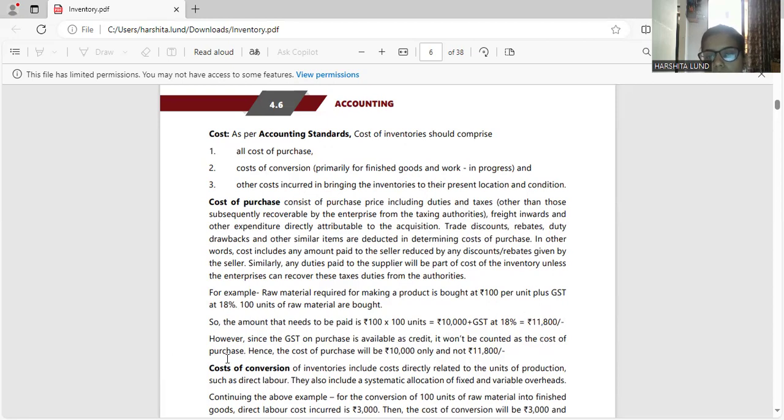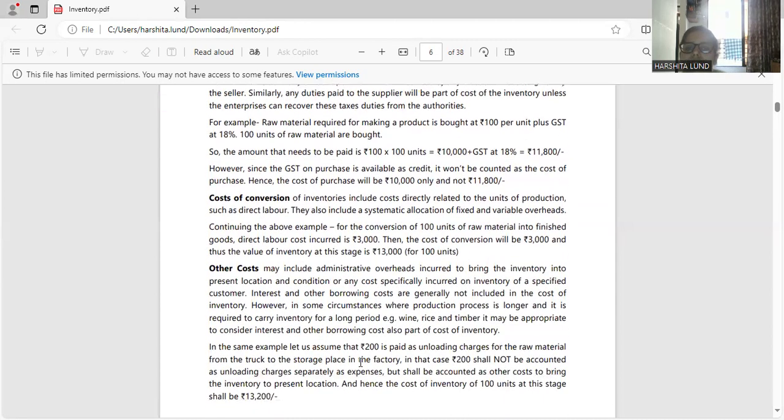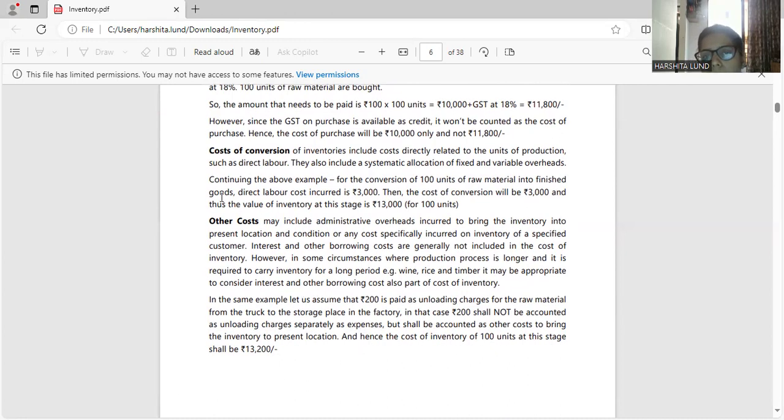We will not add that GST to the inventory. Hence, the cost of purchase will be only rupees 10,000 and not 11,800. Cost of conversion, direct labor, all these costs will be included in the inventory. Other costs to bring the inventory to its present location and condition will be included.